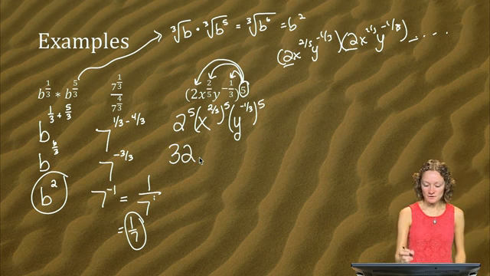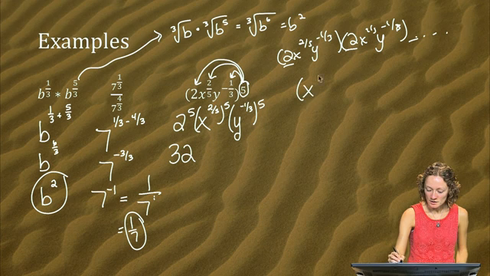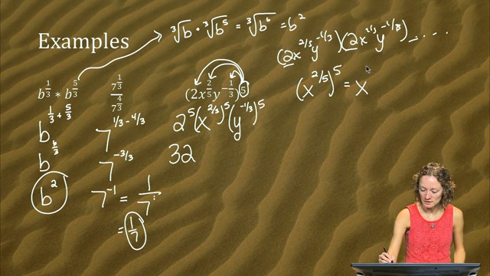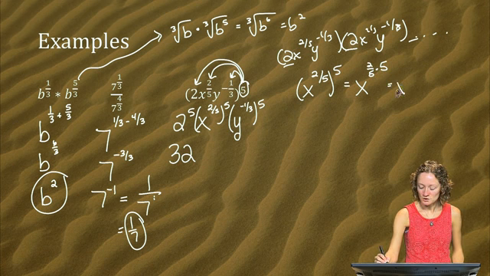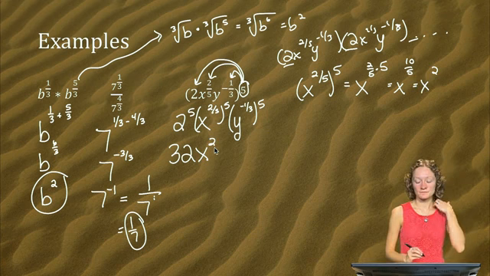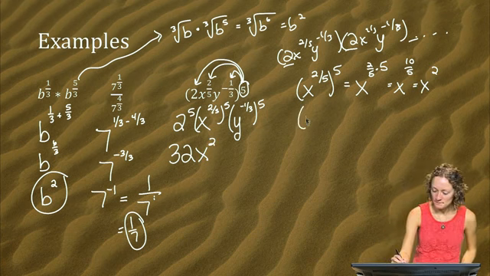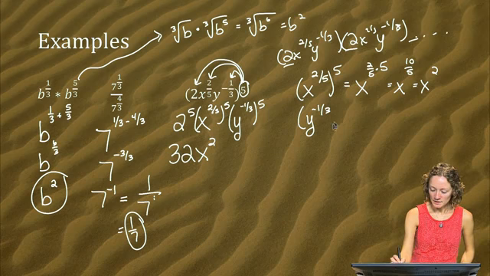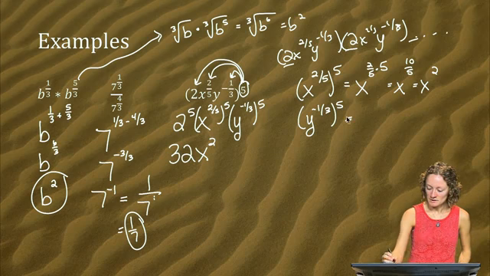X to the 2/5 to the 5th power, remember power to a power, that was one of the rules, says you multiply those exponents. So it's 2/5 times 5, which is x to the 10/5, which is x squared. And then the last one, negative 1/3 to the 5th, means multiply those.